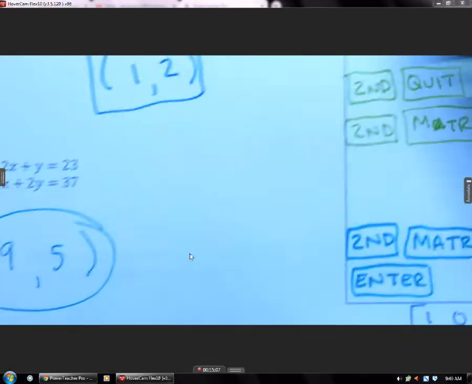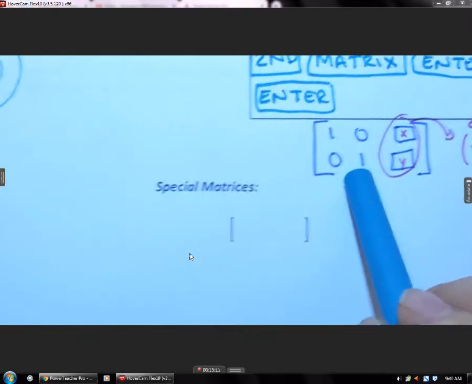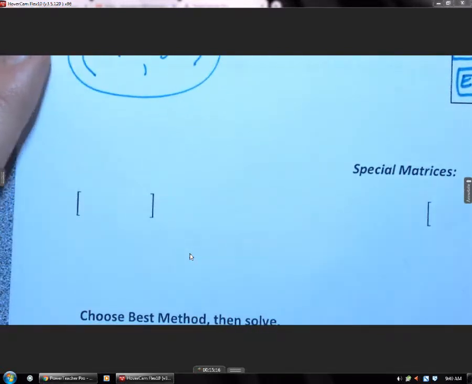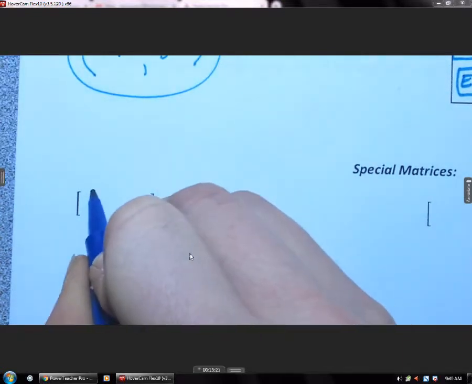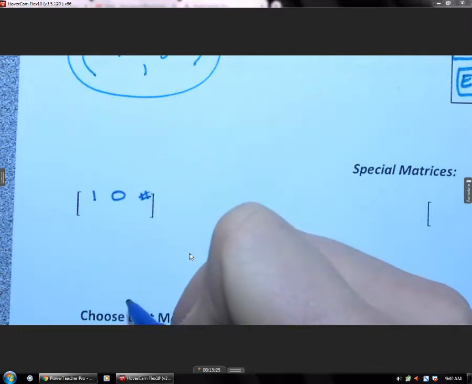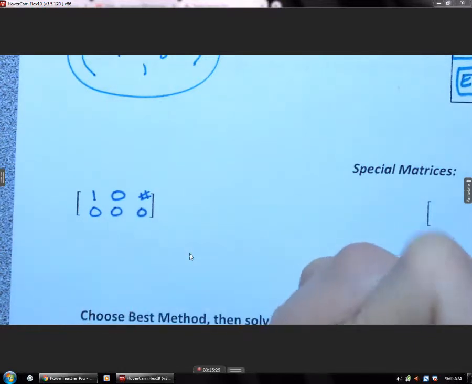Okay, so now there's two special cases. Remember that pattern was 1, 0, 0, 1. Sometimes there are two times where that will not happen. Sometimes you're going to get something that looks like this: 1, 0, and then a number, but then your bottom row will be 0, 0, 0.